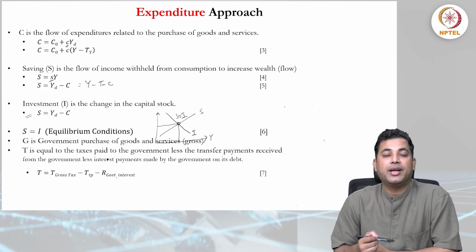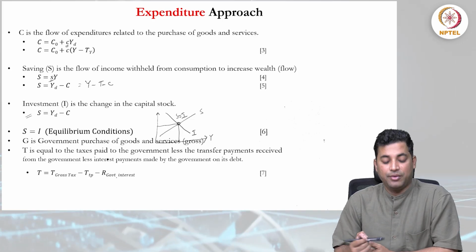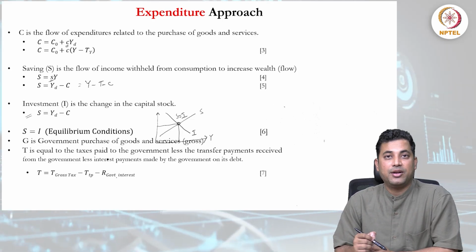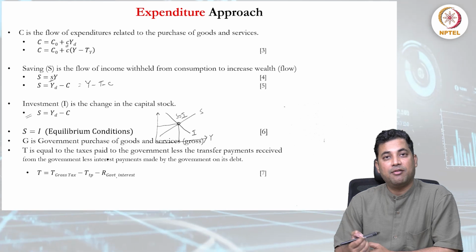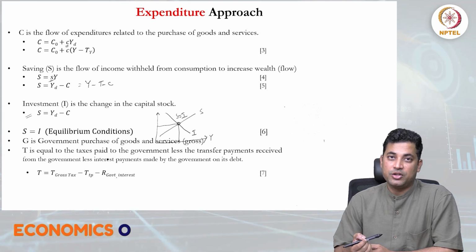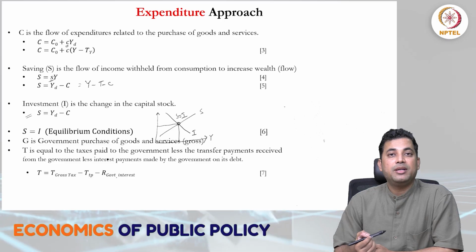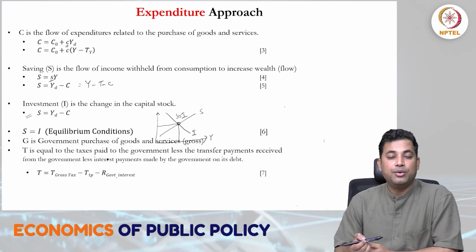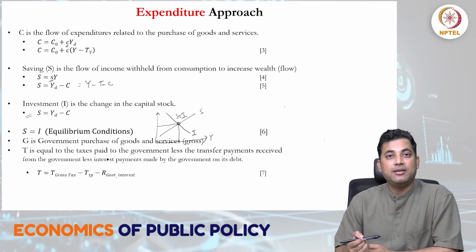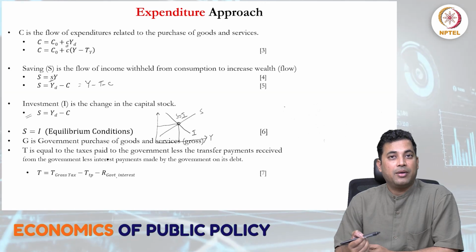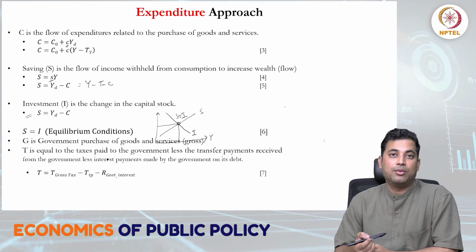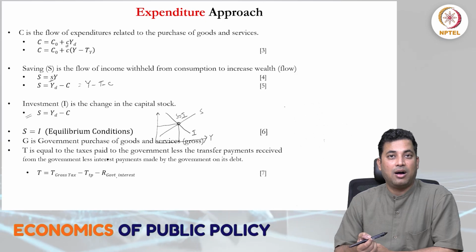If you recollect our circular flow in the previous lecture, we put the government and also financial institutions between firms and households, and we know how the government intervenes in the firm and how it is connected to the households.